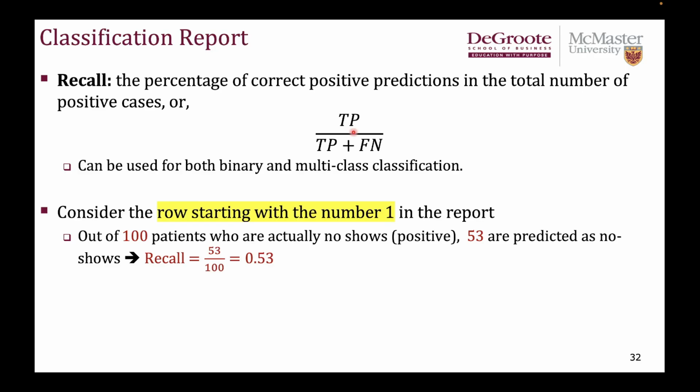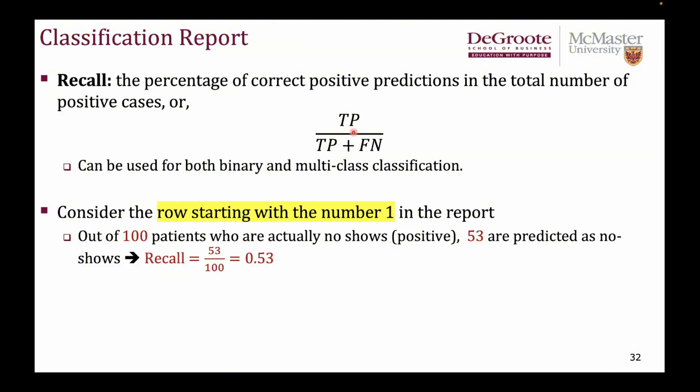This is recall, so it's more like recalling what actually happened in reality. So out of 100 patients, let's say in reality, they actually didn't show up, so they are ones, and they are no-shows. Out of this many patients, let's find out how many of them are captured in your prediction as no-shows.